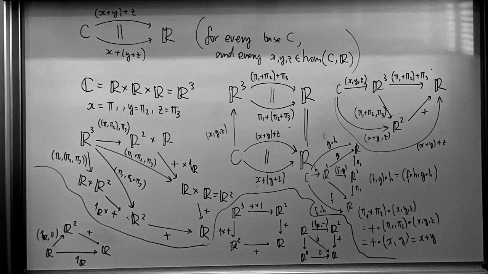Empty product is the terminal object. And then using the structure of the group, the 0 element, which now becomes the 0 morphism from this terminal object to R. So the commutativity of this is the inverse law.